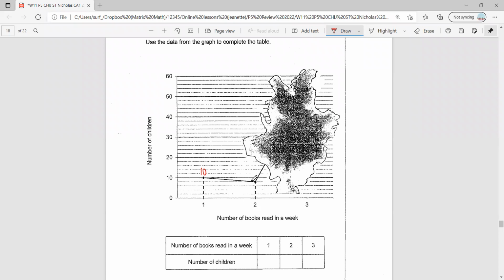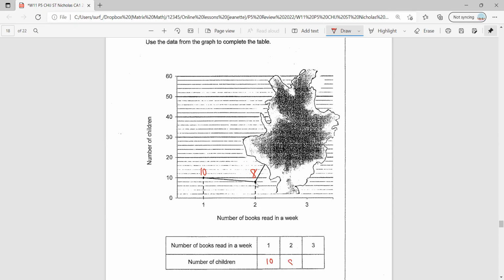So you need to read the graph. There are 1, 2, 3, 4, 5 intervals, right? So 10 divided by 5. Each one is 2. So 2, 4, 6, 8. So the number of children who read 1 book is 10.